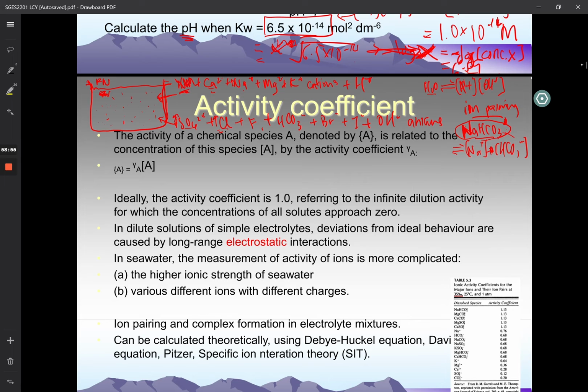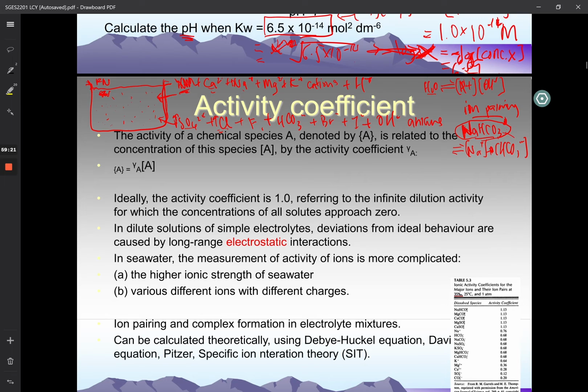So in rainwater, which is very dilute water, the chance of this sodium bicarbonate ion pairing forming will drop. There will be very little chance of this forming.